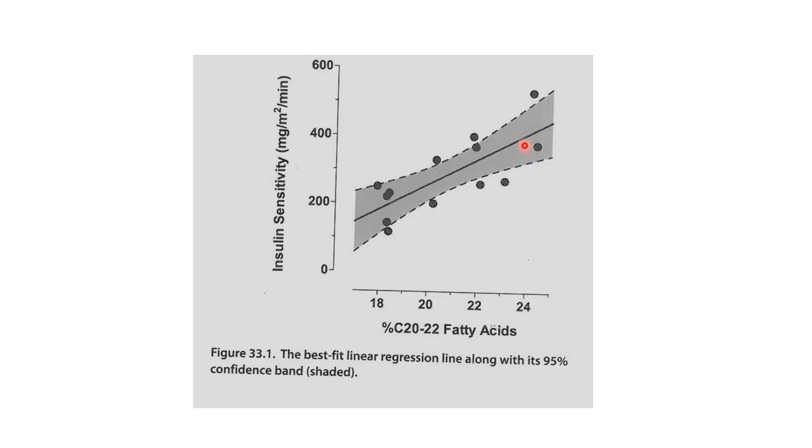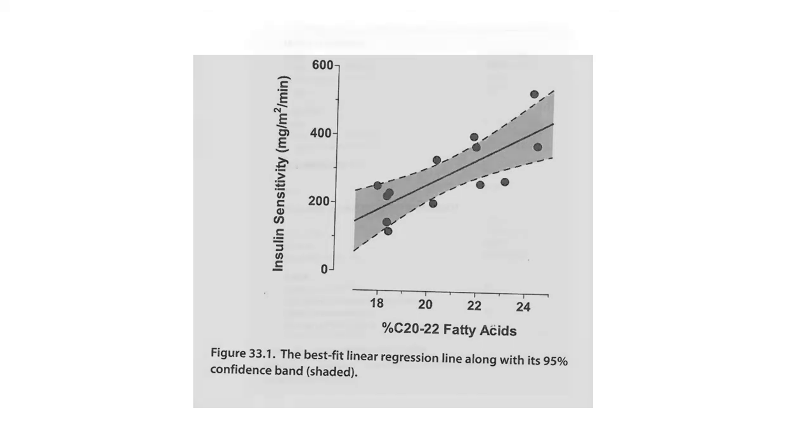So based off this limited data set, researchers could apply this to other groups of patients, assuming they were similar to the patients in this sample, and say, hey, we're 95% sure that if we were to get someone with, say, 20% of these fatty acids, we could predict with a 95% confidence interval that their insulin sensitivity would be somewhere between, say, 275 down to right around 200, right? So they're 95% sure of that. Obviously, they can't say specifically that it's going to be this number because they don't have enough precision to do that.